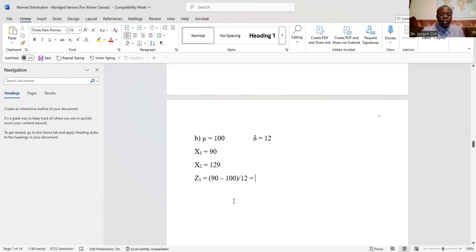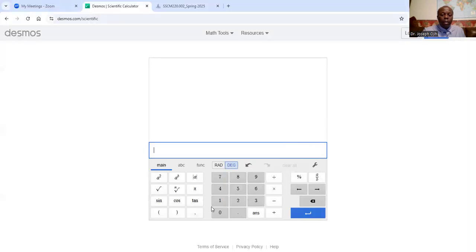In the calculator, 90 minus 100 divided by 12 is negative 0.83. Okay, negative 0.83.